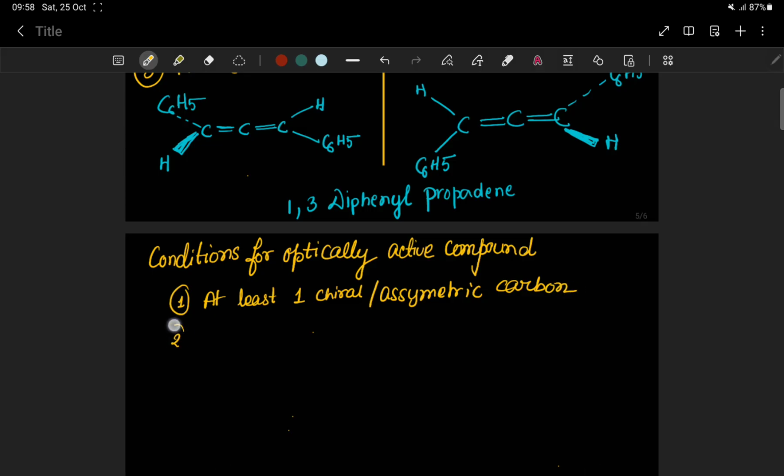Second, it should not have a plane of symmetry.